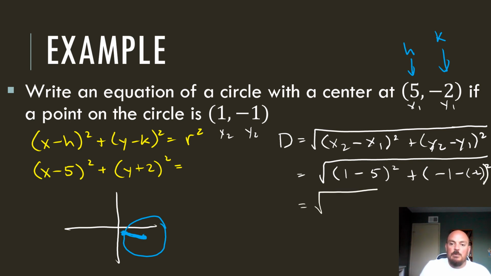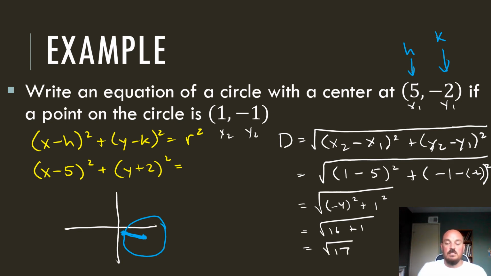Remember, you can use a calculator for this part, that's fine. You end up with negative 4 squared plus, that would be negative 1 plus 2, that's going to be 1 squared. So you have 16 plus 1, which is the square root of 17.